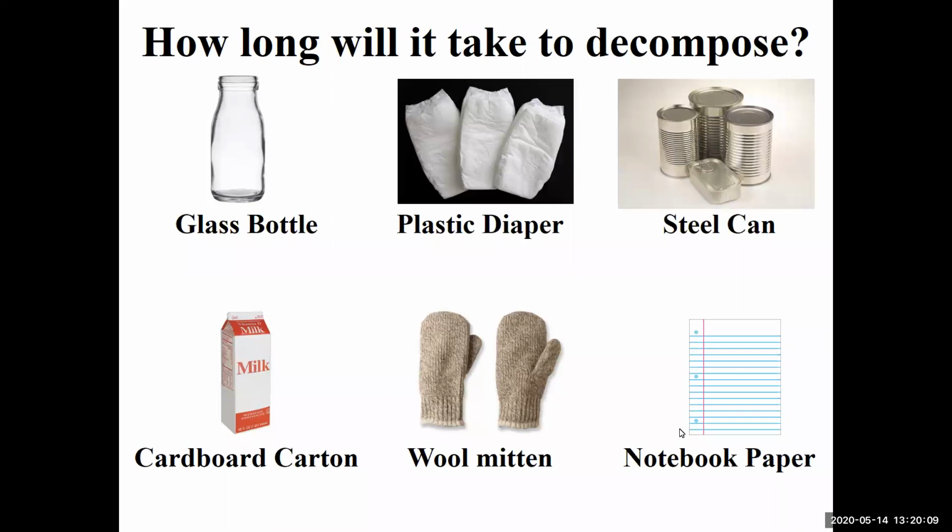So let's look at our first item here. Our first item is a glass bottle. So how long do you think it will take for a glass bottle to break down? Maybe never, 500 years, 100 years, 50 years, 10 years, or 5 years?